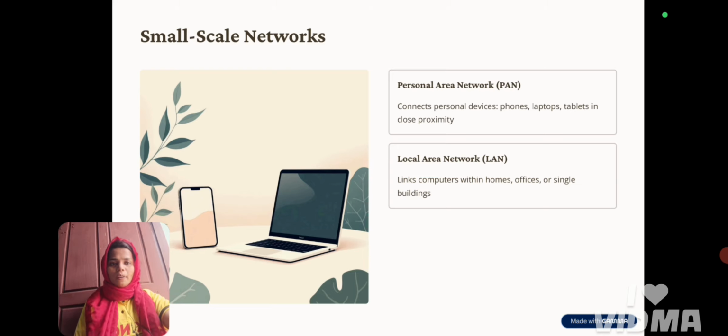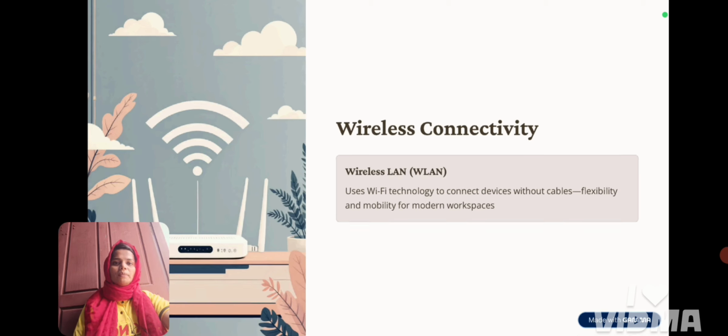So this is called a local area network. We can link computers, mobiles or devices within homes, offices or single buildings. This is called a local area network, and a connection between two or more devices within a limited distance is called a personal area network. These two all come under the small scale networks.